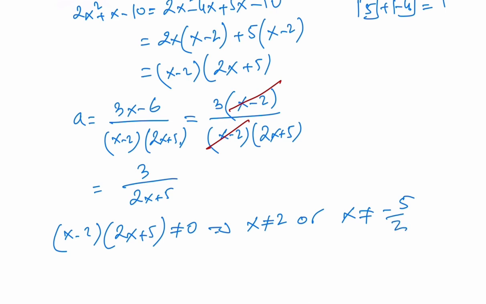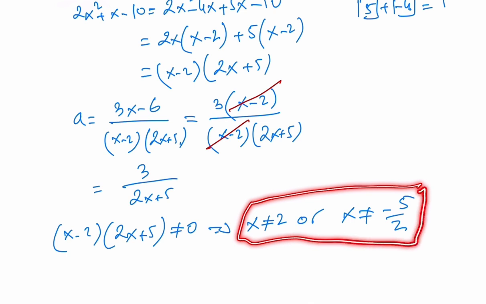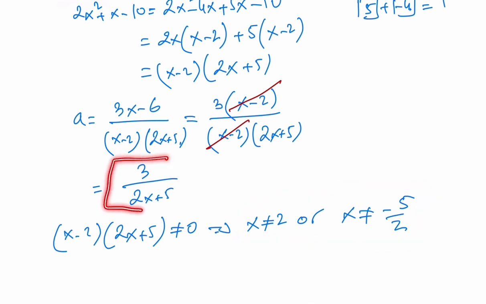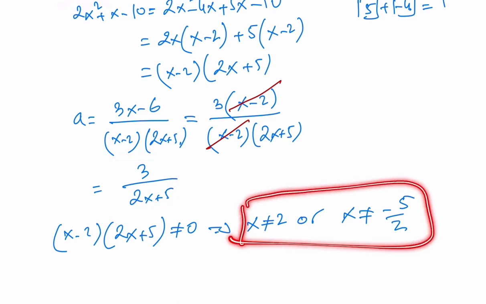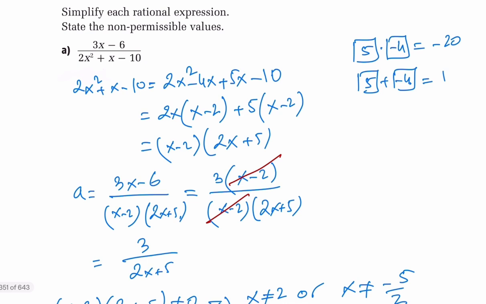You can see here from this part I have two non-permissible values, but if I deal with the simplified portion of my expression, I will have just one non-permissible value. So always the non-permissible values should be from the original expression, and especially from the denominator of your quotient.